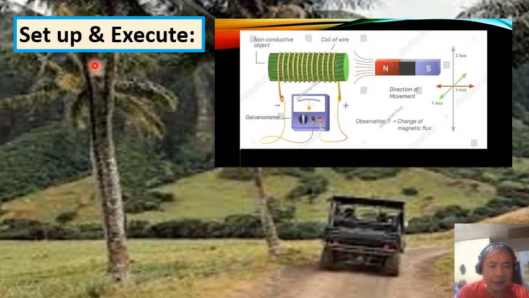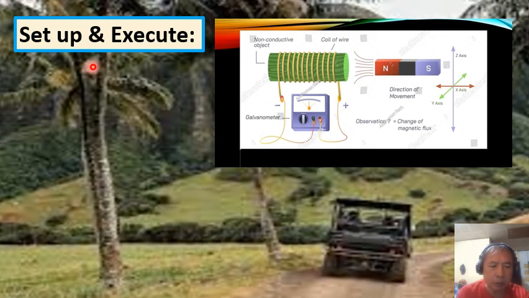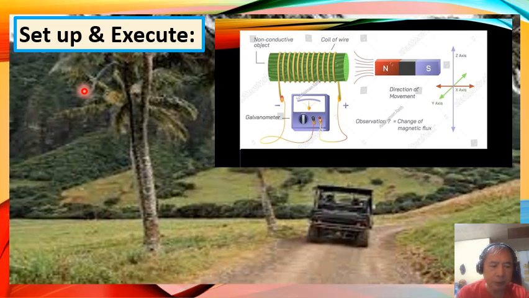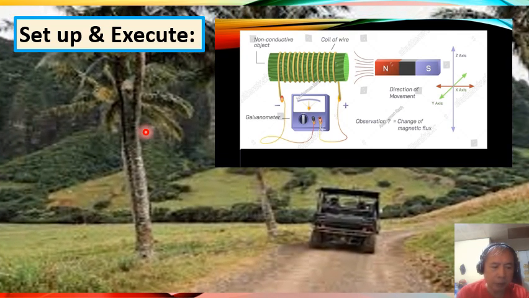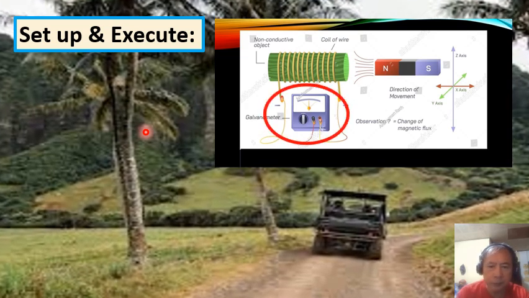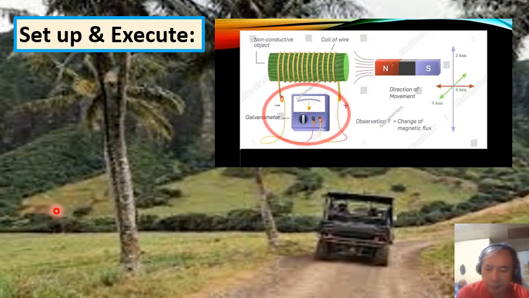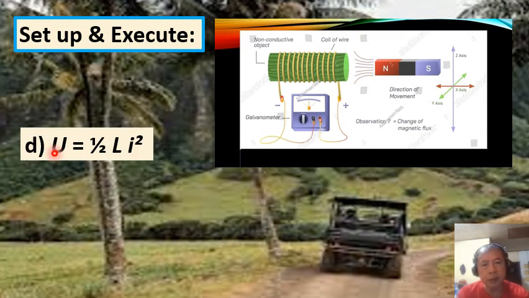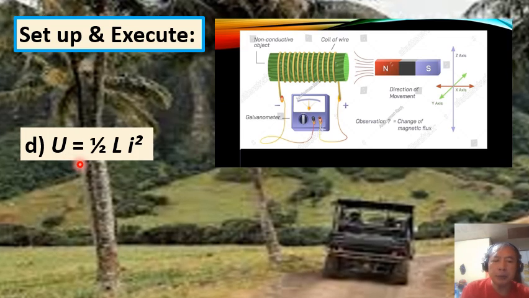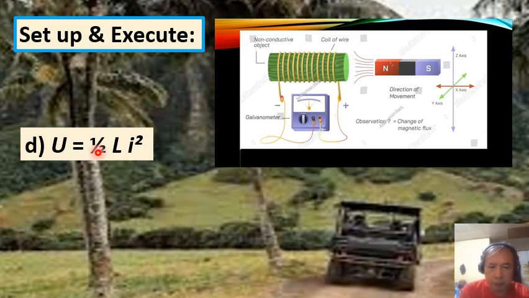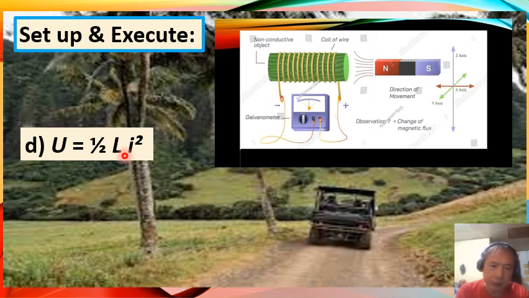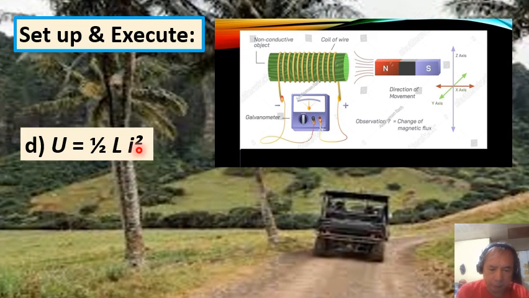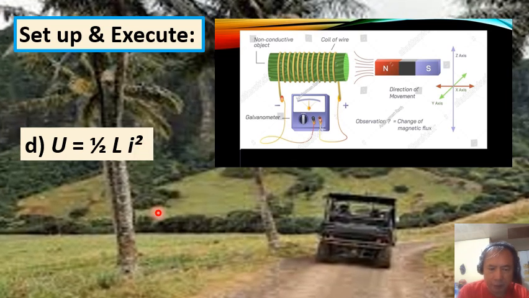When the current decreases from its maximum value to zero, the inductor acts as a source that supplies a total amount of energy, right? So here, this total amount of energy, denoted by capital letter U, is just equal to 1/2 the product of the inductance, capital L, and the square of the current, small letter I squared.